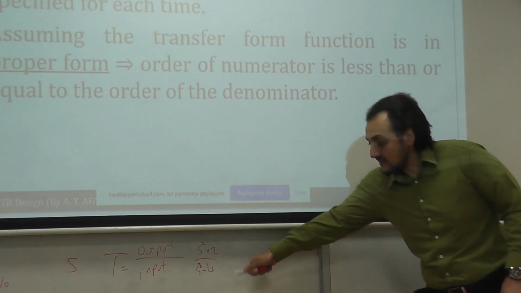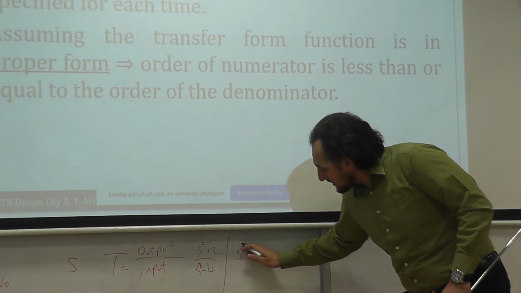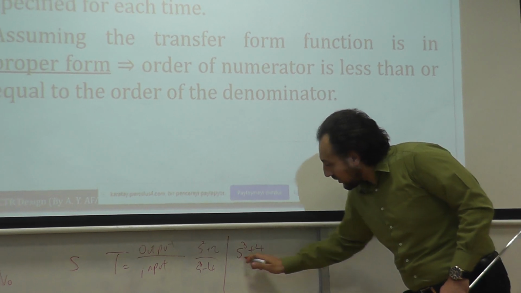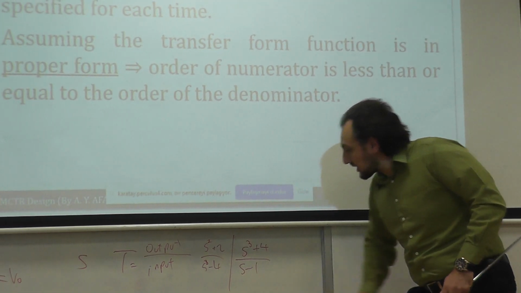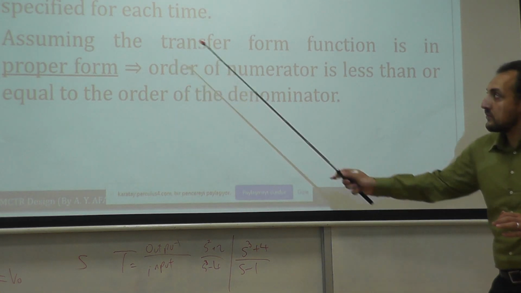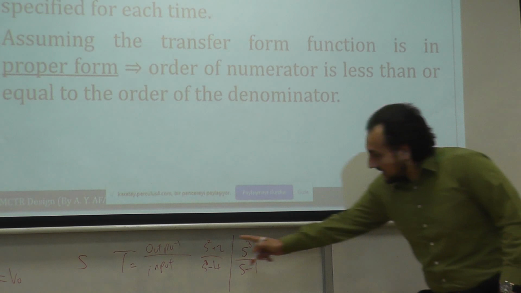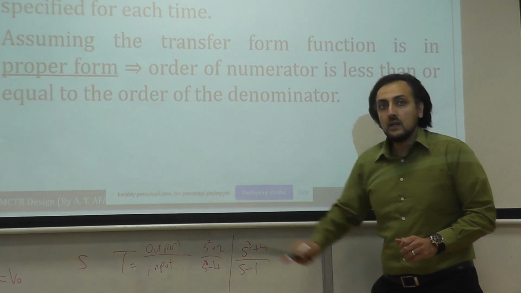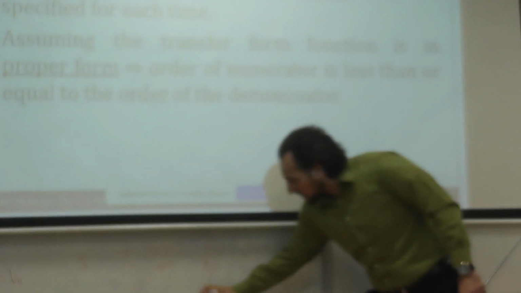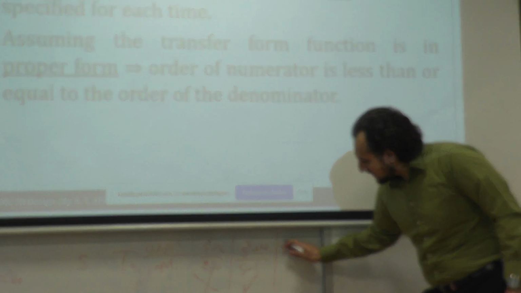It's less, this is less than this, so it's acceptable. But for example, if s^3 plus 4 over s minus 1, is it acceptable? No, because this is not proper form. The order of the numerator should be less than or equal. This is not acceptable. This is acceptable. Let's go for this.